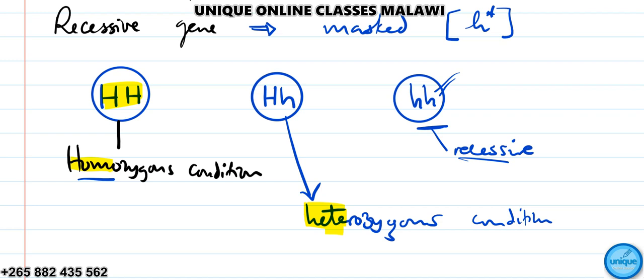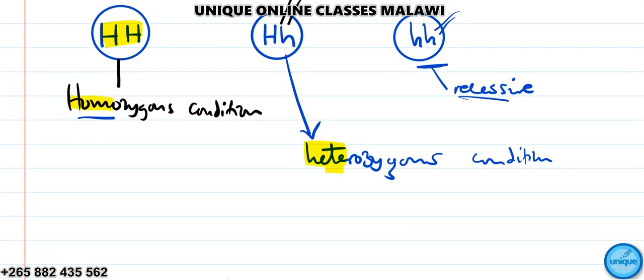So genes come in pairs, as you can see, to control a character. There is a term used to define a pair of genes which controls a character. That term in biology is an allele.